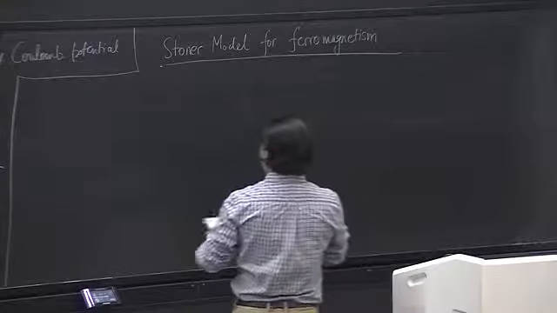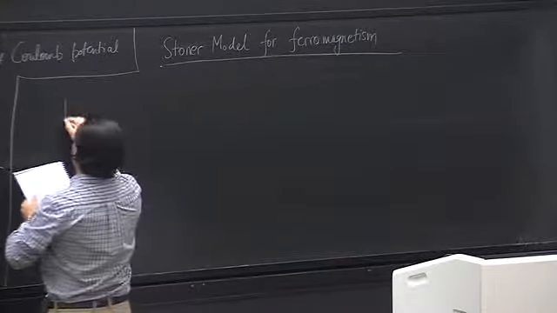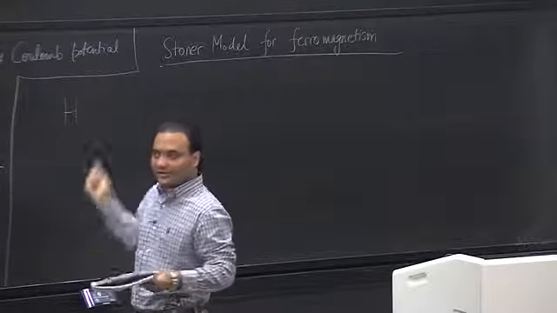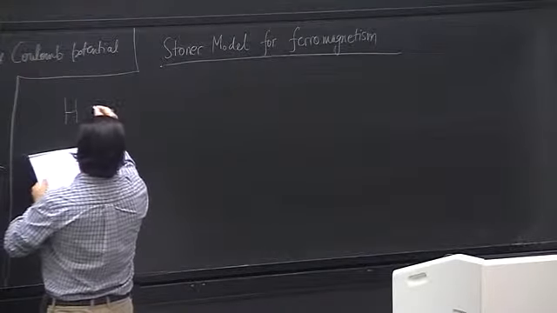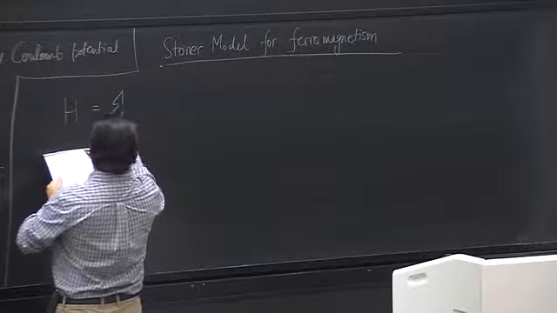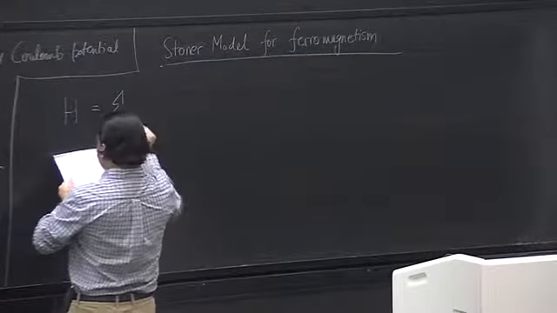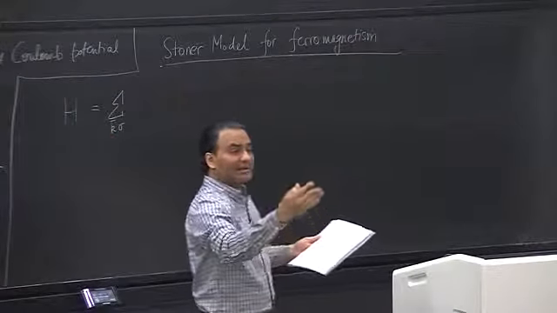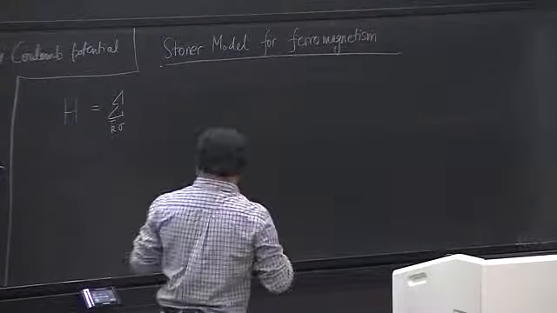What that means is I can write down the full Hamiltonian, full in the sense that I'll write the single particle terms and the two particle terms. The full Hamiltonian is the sum over k and sigma, and now I'm going to put the spin index back in the Hamiltonian.